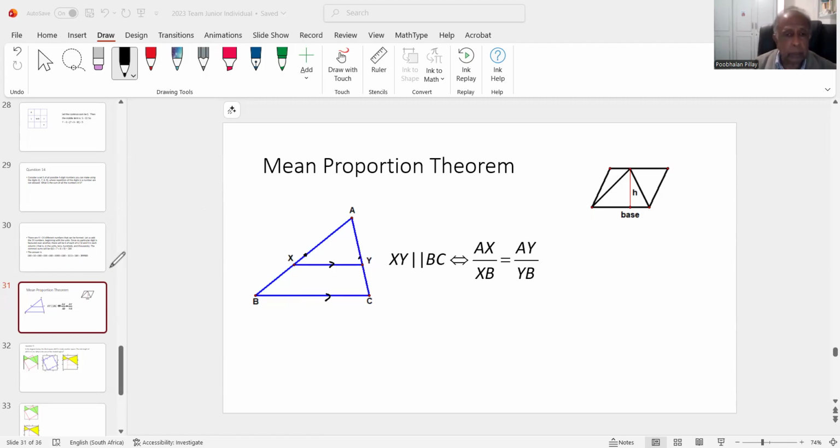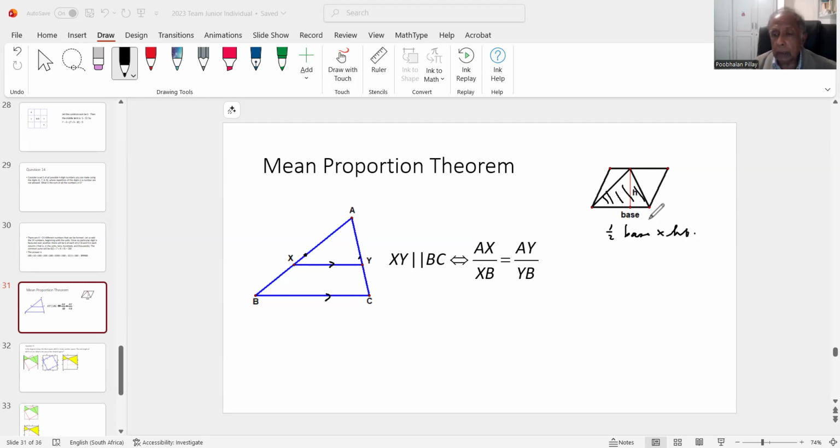Okay, with that long story, this is quite useful also. If you've got a parallelogram, and a triangle inside which has the same base as the parallelogram, the base is a side of the parallelogram, and the third point is on the other parallel line, then the area of this triangle is half base times height.